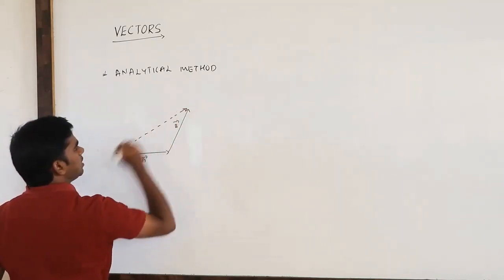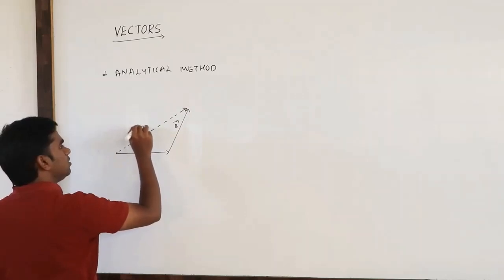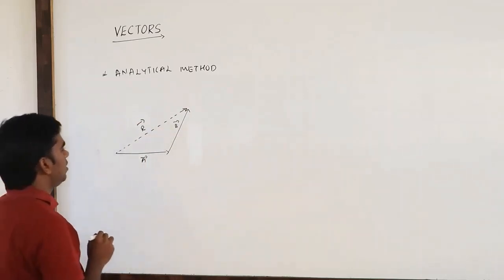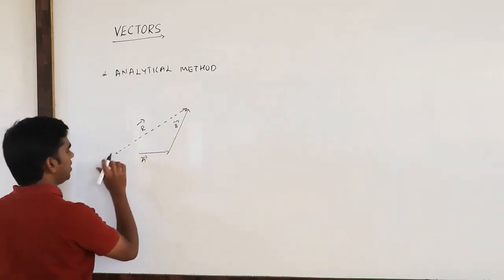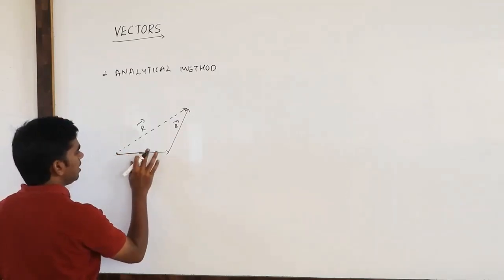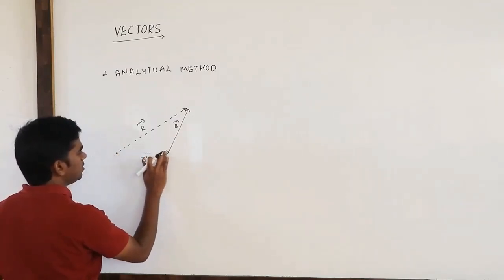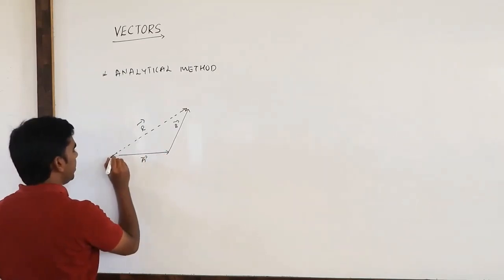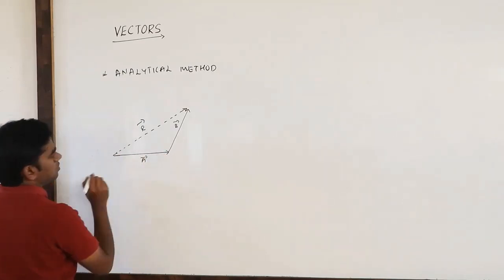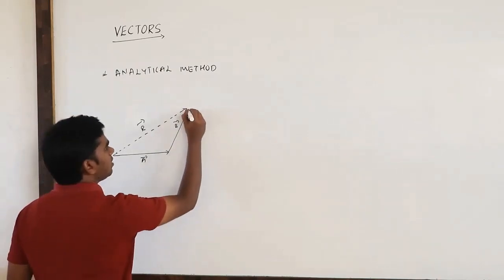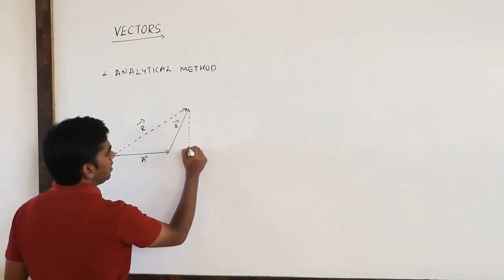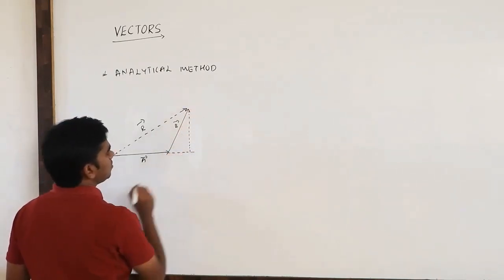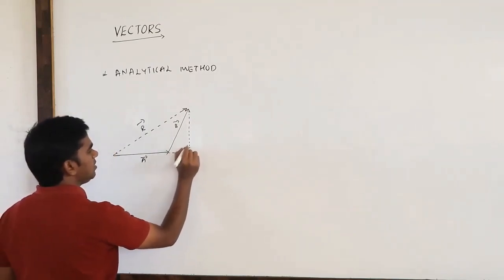This is the resultant, vector R. But we cannot find it with the help of the graphical method, because assume the magnitudes of these vectors are very large. So what we have done is take a perpendicular here and join this line to this one, so this will be 90 degrees.